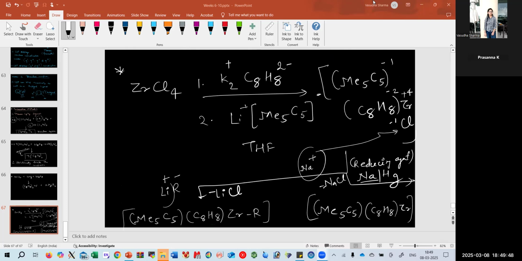So moving ahead, now we have some structural properties of the C8H8 complexes. Could be a bit complex.